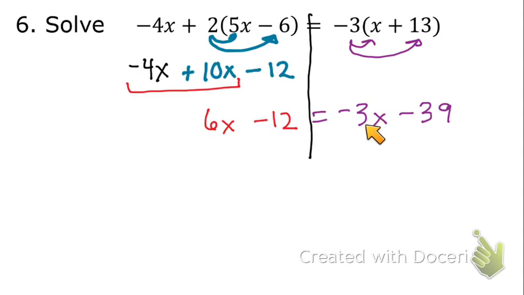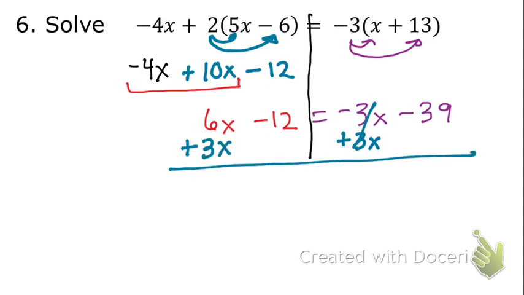The smallest variable is on the right side. So I will be adding because negative 3 plus 3 is 0. So I add 3 to both sides. 6 plus 3 is 9x. Bring down your 12, and this equals negative 39. Our constant's on the right, so we'll continue to move the constants to the right.